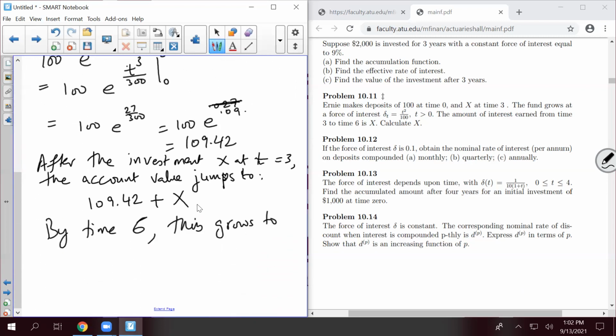Again, we have force of interest going on. So this is like the principal, right? 109.42 plus X, e power, the time bounds 3 to 6, of delta t.